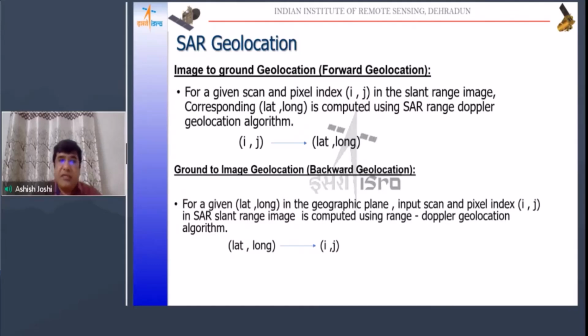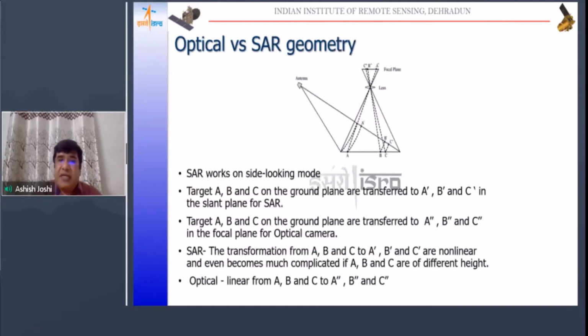So what is the difference between optical and SAR geometry? This is a SAR antenna and this is our optical lens, and this is the imaging plane or focal plane of the optical sensor. Since SAR is side looking, the geometry of the SAR antenna is like this.